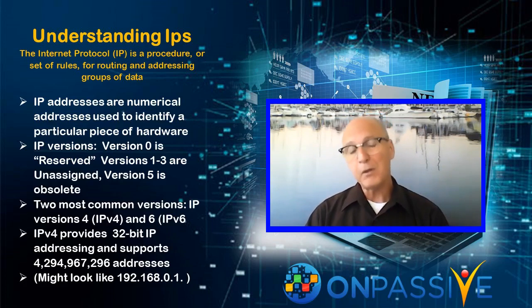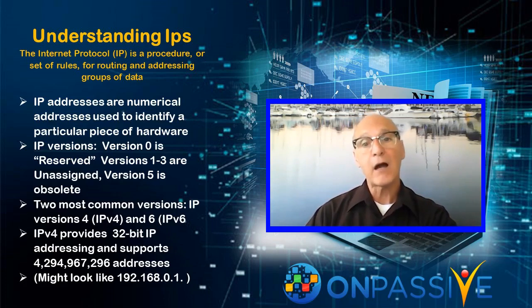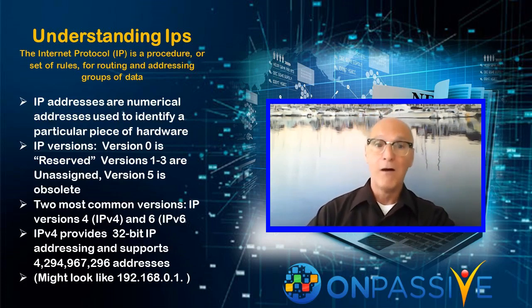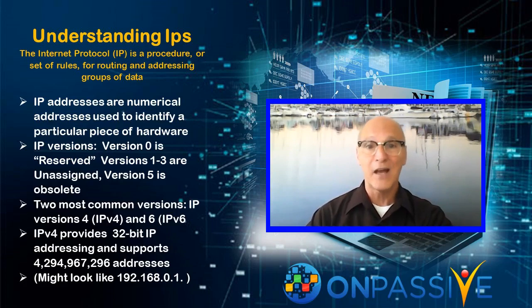Now, IPv4 supports almost 4.3 billion addresses. If you really think about that, and then you think about our market cap, which is approaching 5 billion, you can probably see why this might be a problem, since right now we have more internet users than we have addresses.